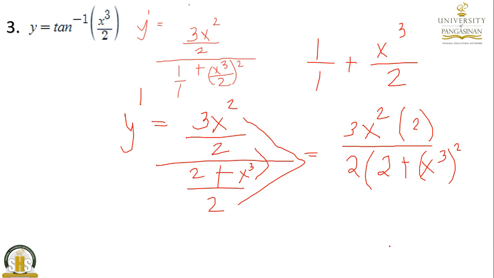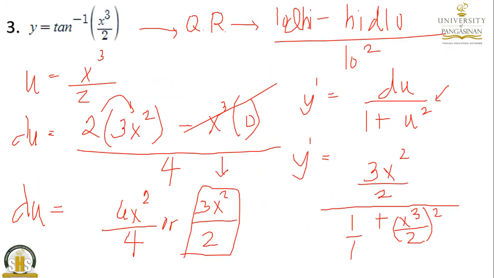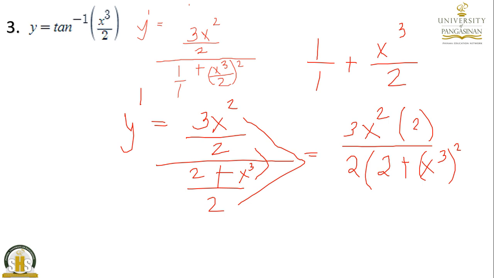Dapat nilagay yun, kasi dito sa formula, meron tayong 2 na exponent. So, ibig sabihin po, yung x cube natin, dapat may 2 yan. Or, pwedeng sa dulo na natin siya ilagay. Hindi tayo malito. Magkakamali yung sagot natin pag ganun.